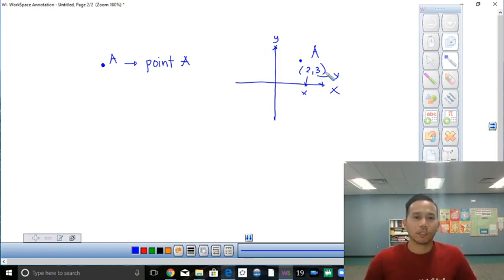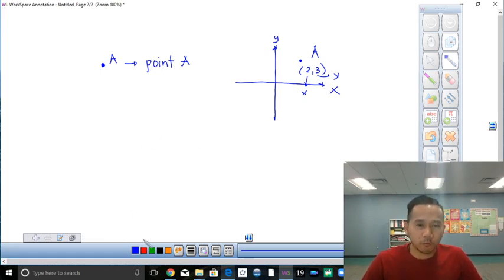Now let's proceed with line. The second word is line. A line has an infinite set or collection of points that extends forever in two directions. Since lines are uniquely determined by any 2 points, we can determine a line by using just 2 points. We symbolize them by a double arrow over 2 points.